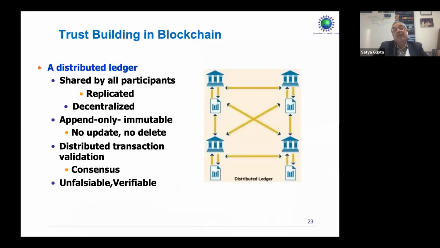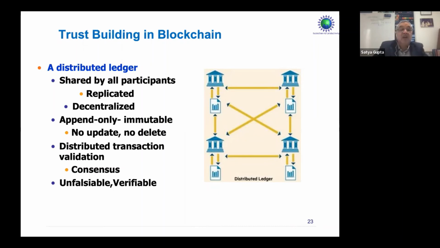So trust building in blockchain, as I mentioned: immutability, transparency, and trust. How is the trust built here? It is a distributed ledger shared by all participants, replicated everywhere, decentralized, append only, no update, no delete, with distributed transaction validation.